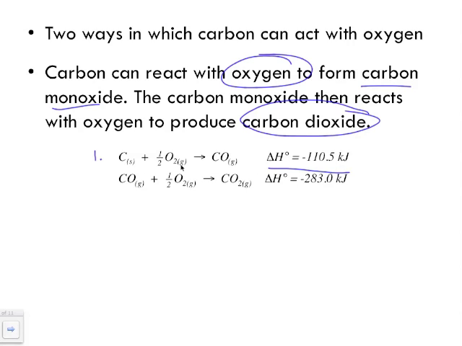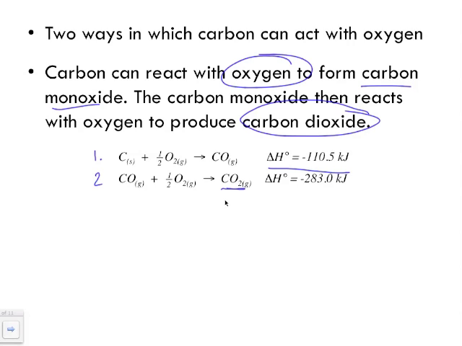When carbon reacts with oxygen to form carbon monoxide, it gives off this amount of heat. Now, if we look at the second equation, all of a sudden we're giving off even more when this second reaction occurs to form carbon dioxide.